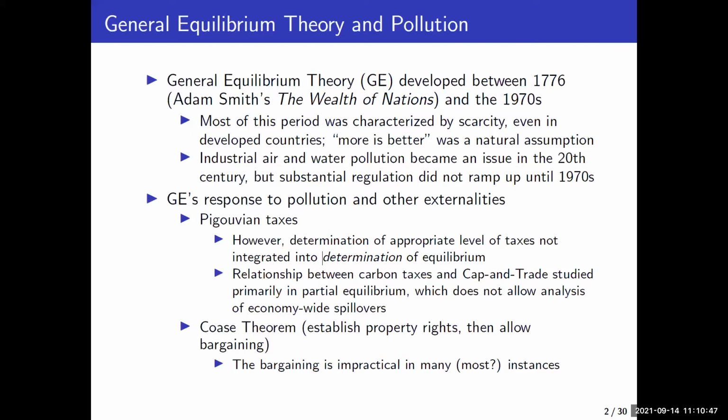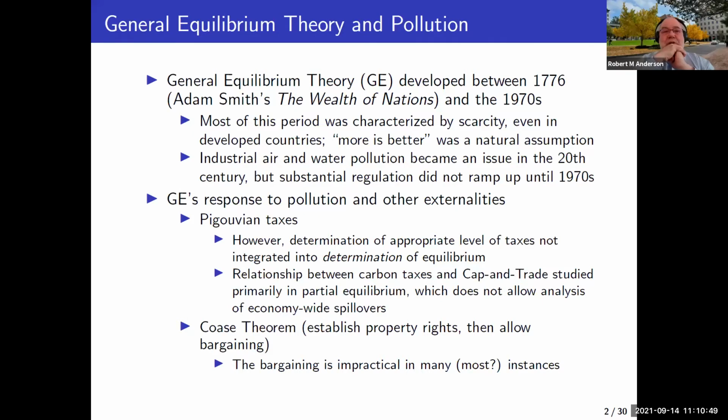So this is going to be a fairly broad overview of a big project, and I also want to put it into context in terms of how the general equilibrium theory developed and why it developed the way it is.